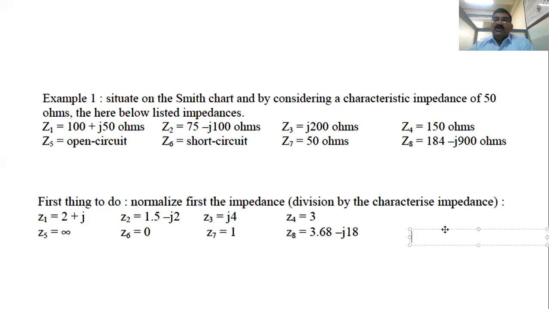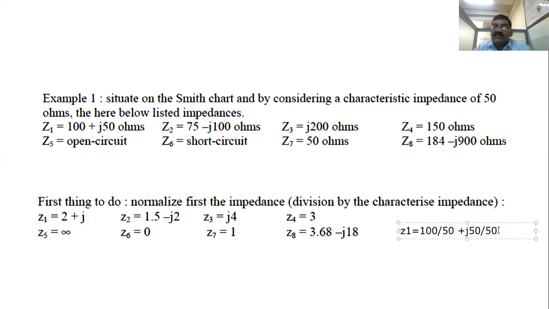So I'll calculate the small z1. Z1 equals 100 divided by 50, plus J50 divided by 50.